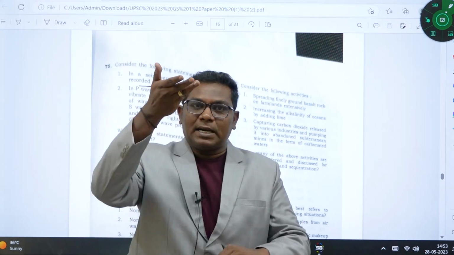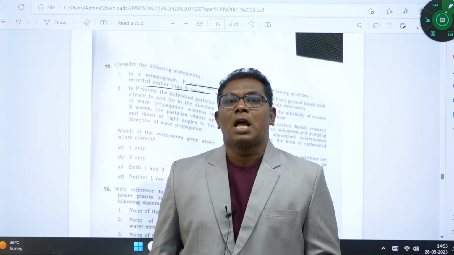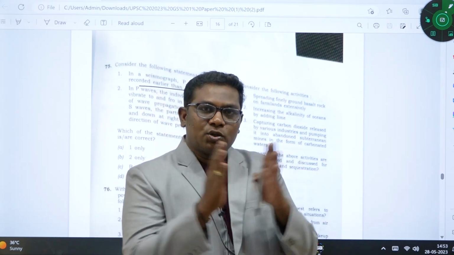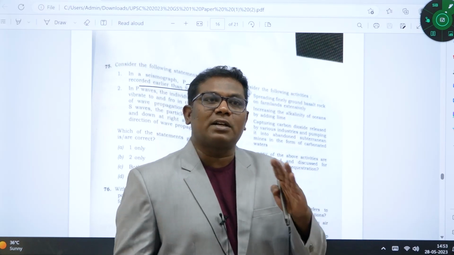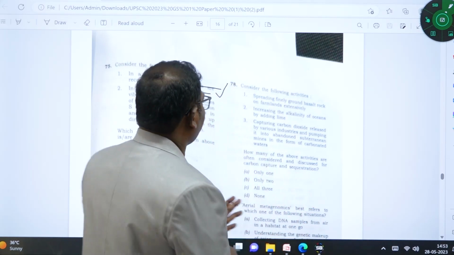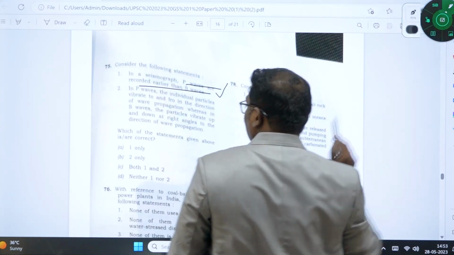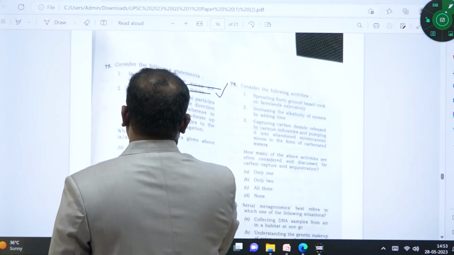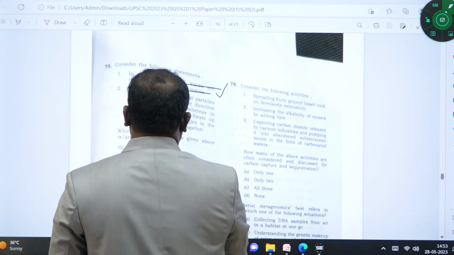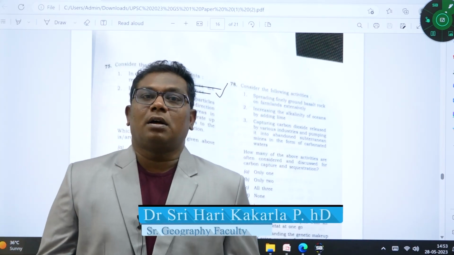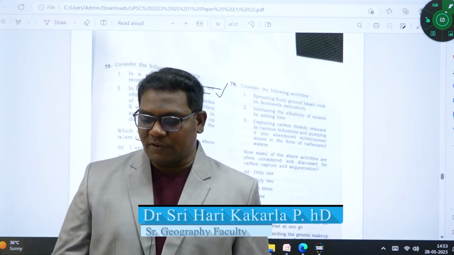That is a perpendicular, right-angled movement of particles. So with P waves, particles move in a to and fro direction. In the case of S waves, particles move in an up and down direction. So that's why statement 2 is also the right statement. Which of the above statements are correct? Both 1 and 2.